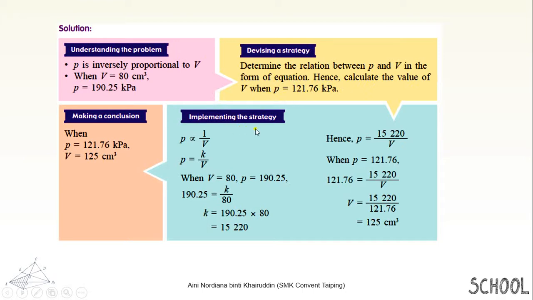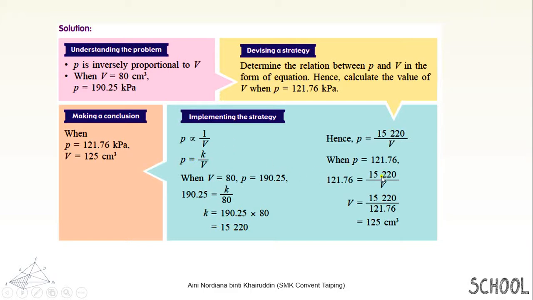So, implementing the strategy, P varies inversely as V. Write in the equation form. Then calculate the value of k. So this is the value of k. Next, substitute back the value of k into this formula.